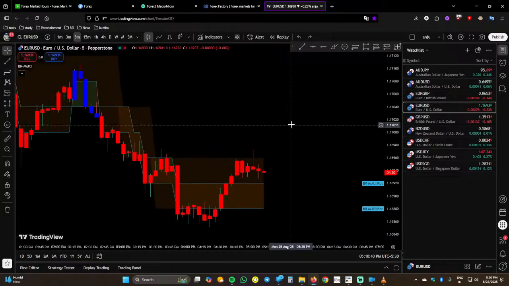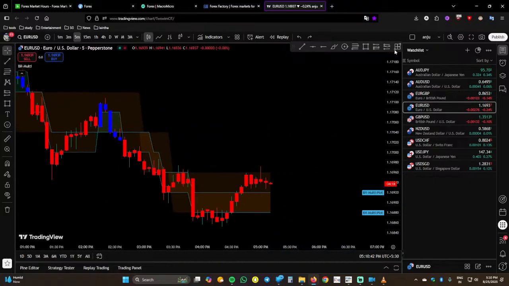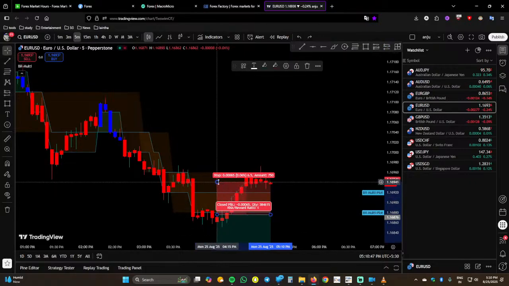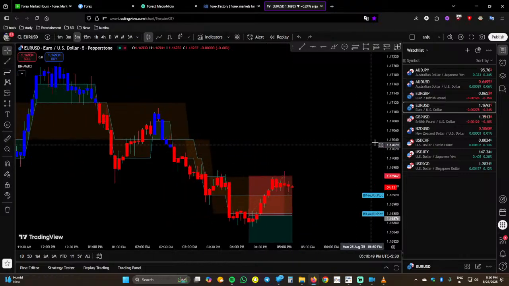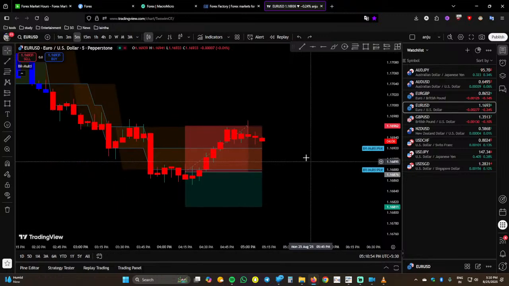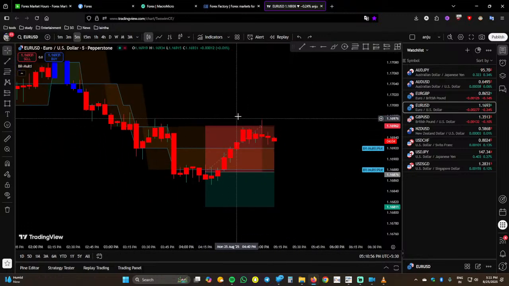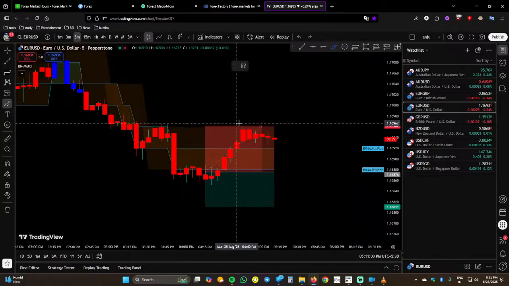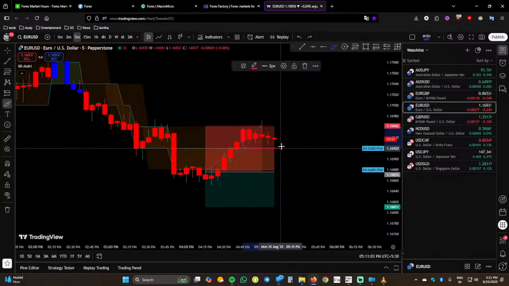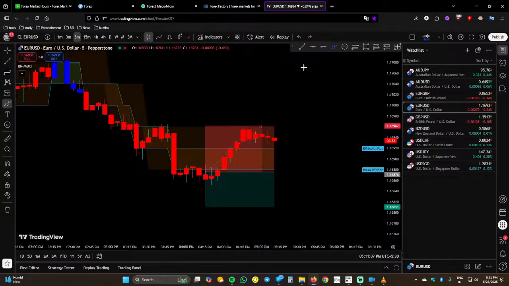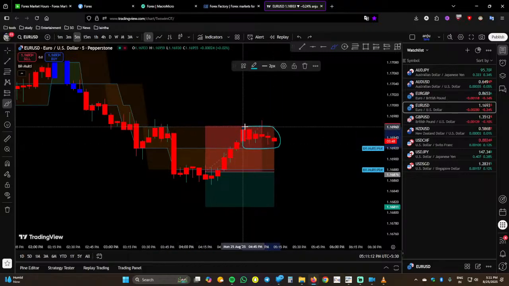I took a sell trade at this level and my stop loss was here, and the reasoning which I gave was if price doesn't break this level, it should not close above this level. If it closes above this level, only then a new brick will be formed. But as of now, it's not closing above that level, so a new bullish break has not been formed.